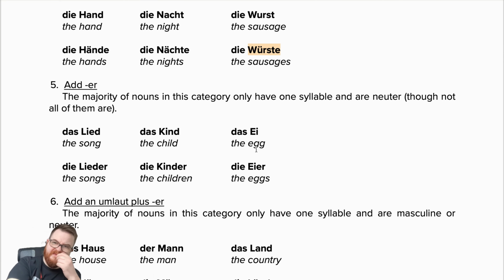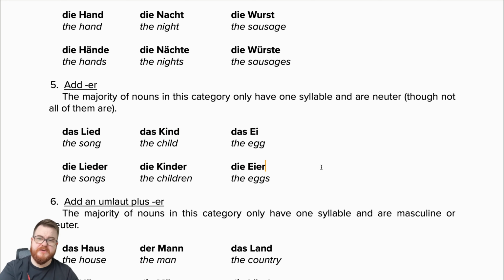Category 5. We need to add ER. Nouns in this particular category have one syllable and are mostly neuter. So das Lied becomes die Lieder, das Kind becomes die Kinder, das Ei becomes die Eier.